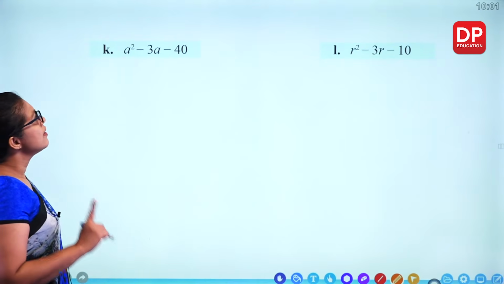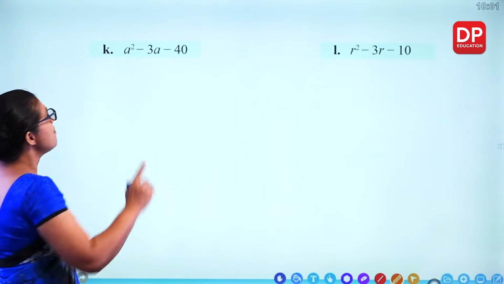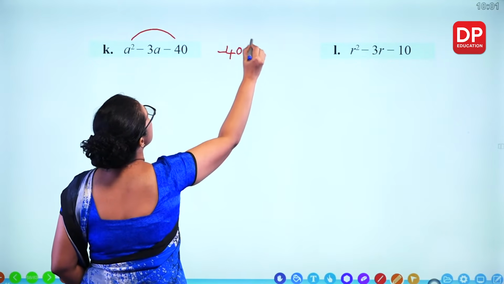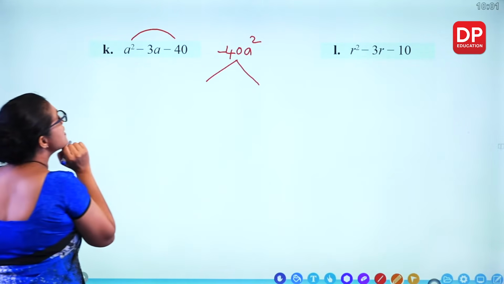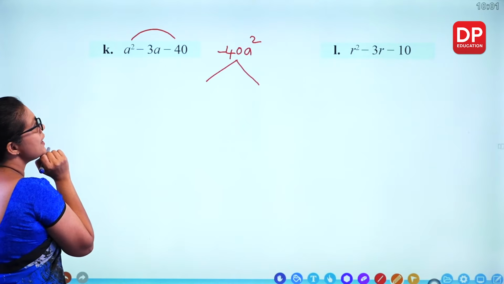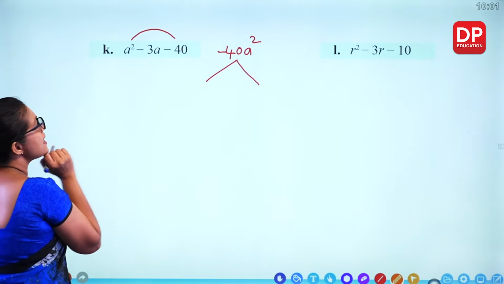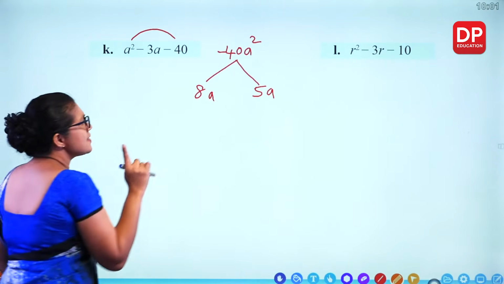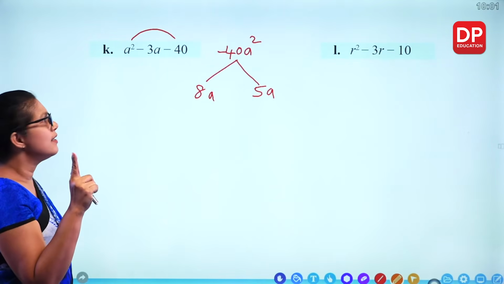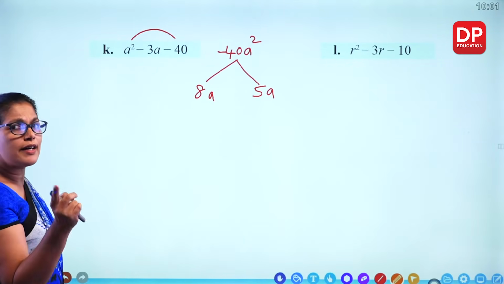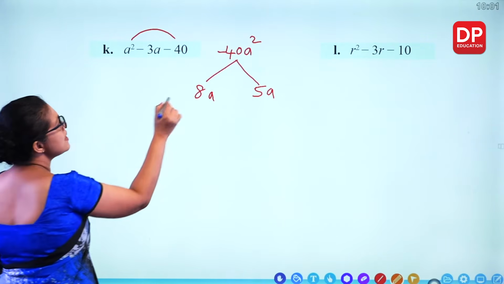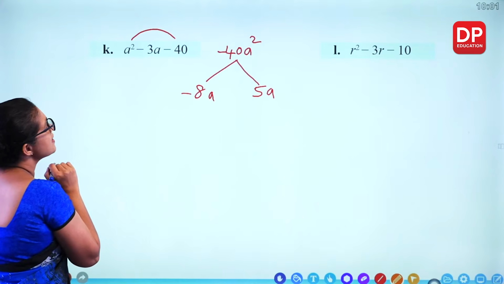This one, last number is negative, means you take the difference, minus 40a squared. Split the middle term, 40 is 8 times 5. Always think about the middle term and try to find out the correct factors. 8 and 5. Middle term is minus, means the bigger one is negative.